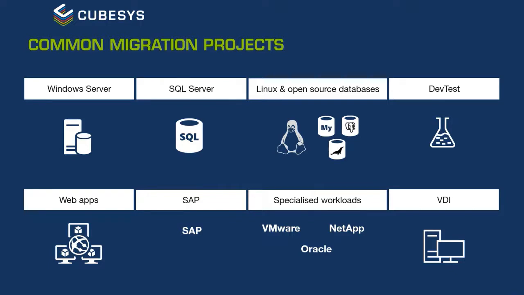Web apps is another really strong one, and there's a few things around modernization of web apps versus rehosting of a web app. Now, SAP is not something I do a lot of, but I have seen a few of them. I've only participated, I think, in one. And then there are the specialized workloads where you might have something like an Oracle stack or a NetApp stack or a VMware stack, which you might want to migrate or rehost into, specifically, the Azure space here.